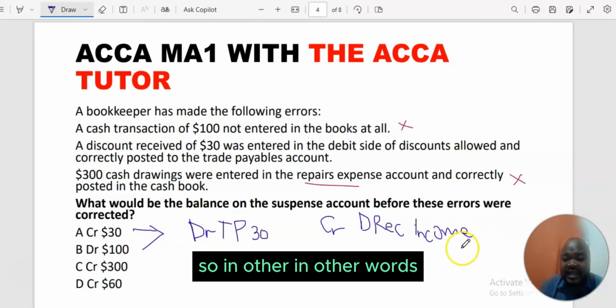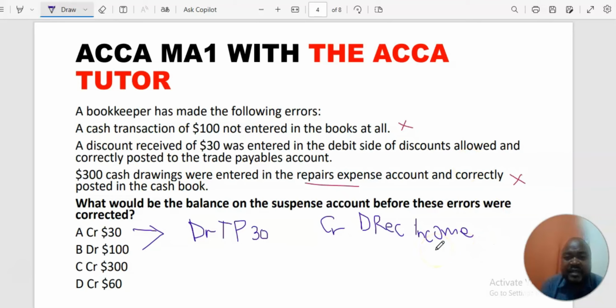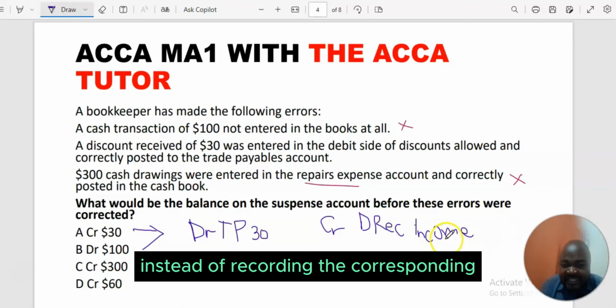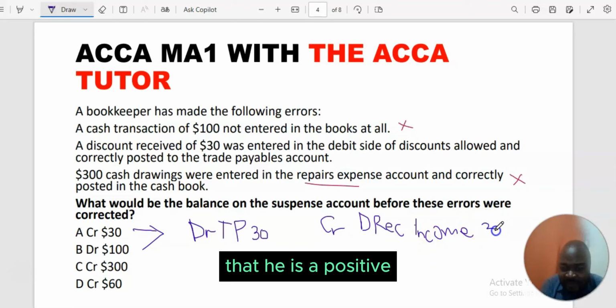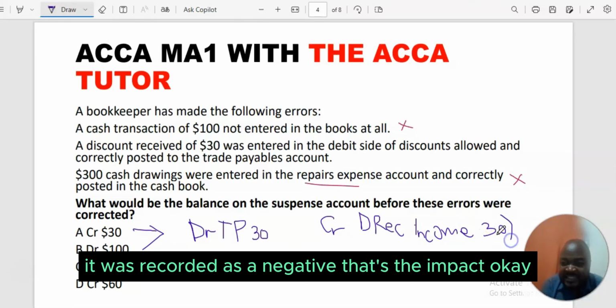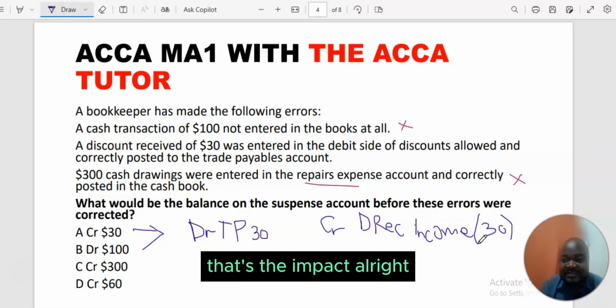So in other words, you can take it either way. Either you can say, instead of recording the corresponding 30 as a positive, it was recorded as a negative. That's the impact.